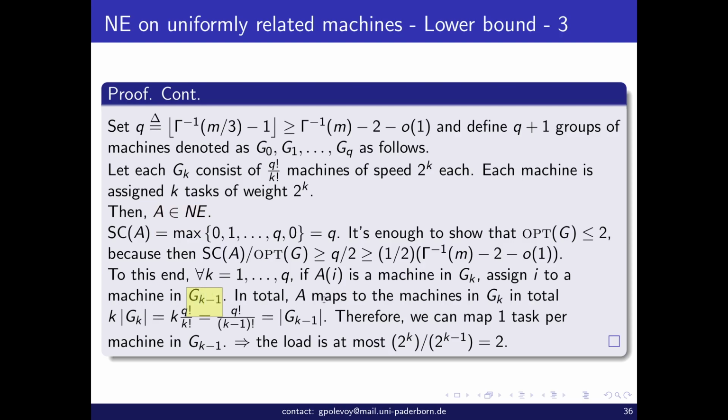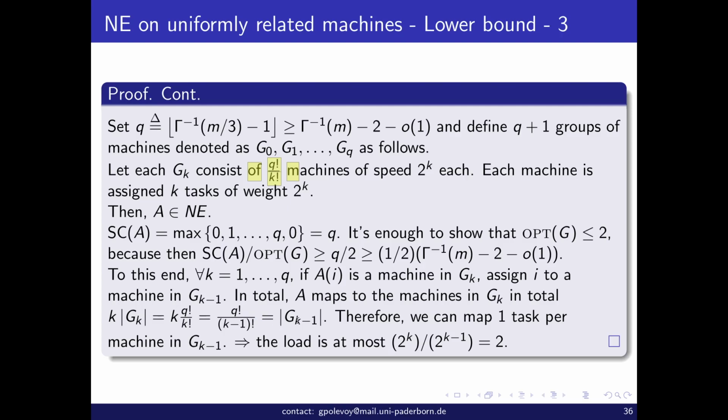In total, how many tasks does A map to some machine in GK? Each machine is assigned K tasks. So K times the size of GK tasks are mapped to some machine in GK. The size of GK is Q factorial divided by K factorial. So it's K times Q factorial divided by K factorial, which is Q factorial divided by K minus 1 factorial.